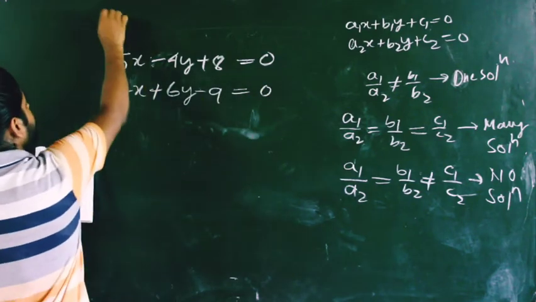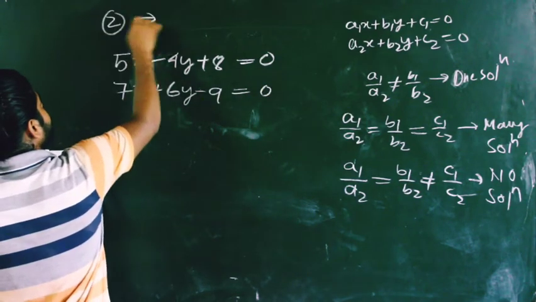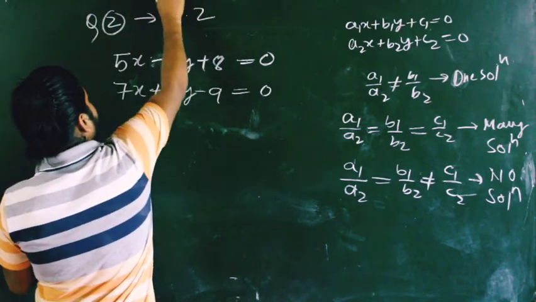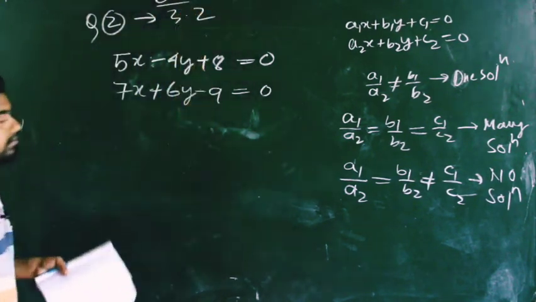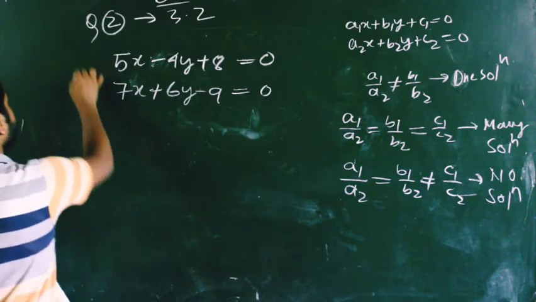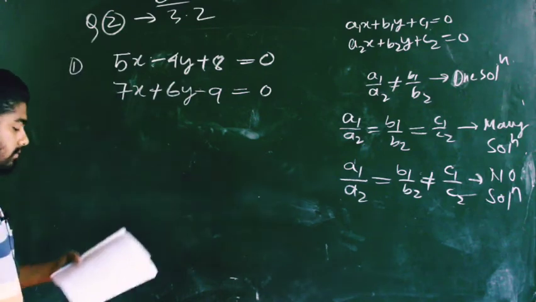This is question number 2, exercise 3.2. Exercise 3.2, question number 2 was very small to understand, so we made it a little bit big to understand.